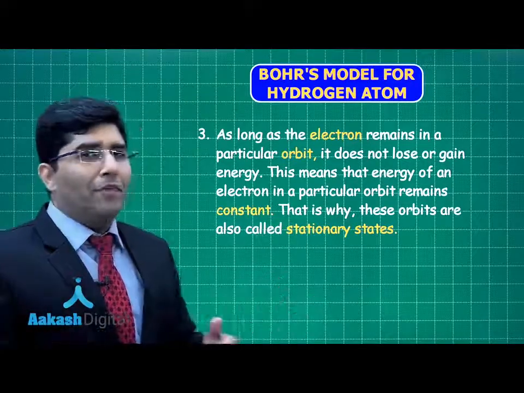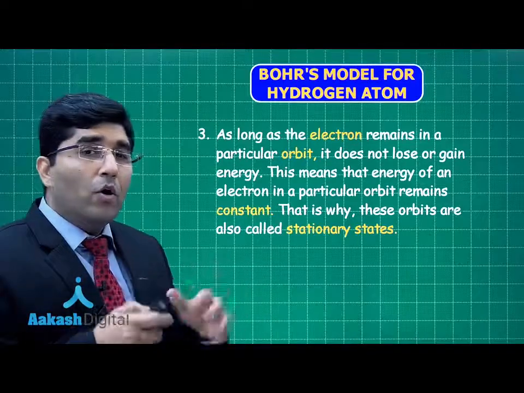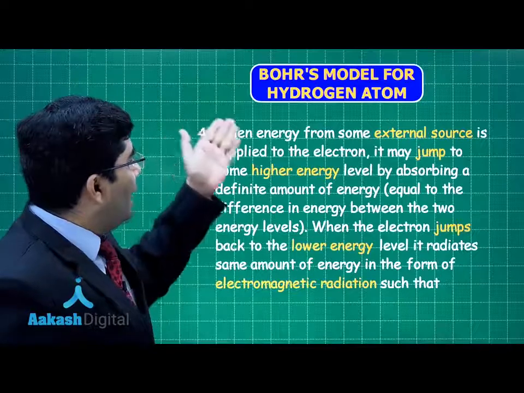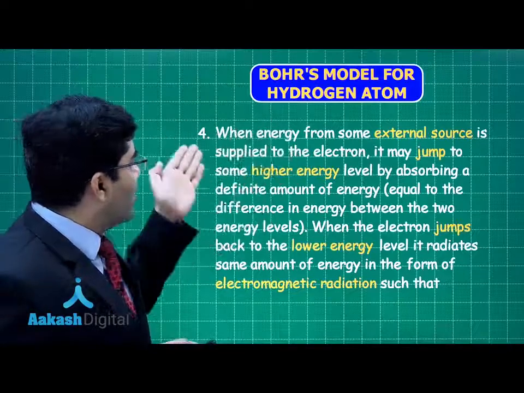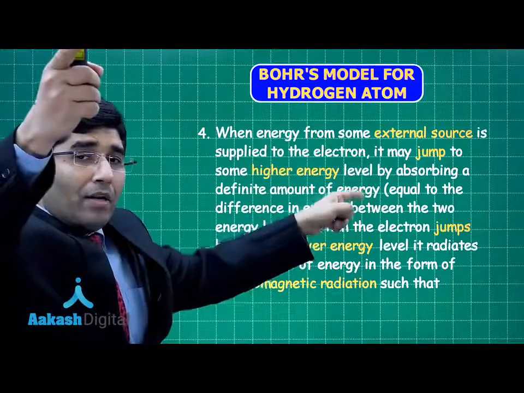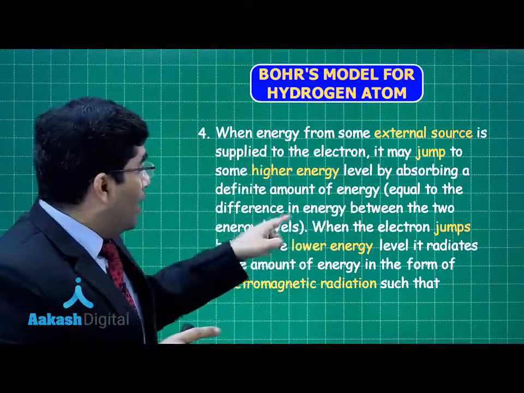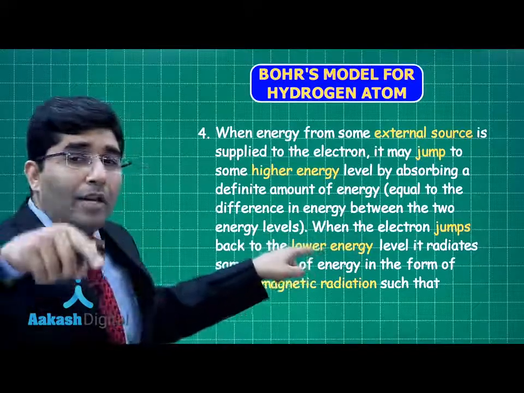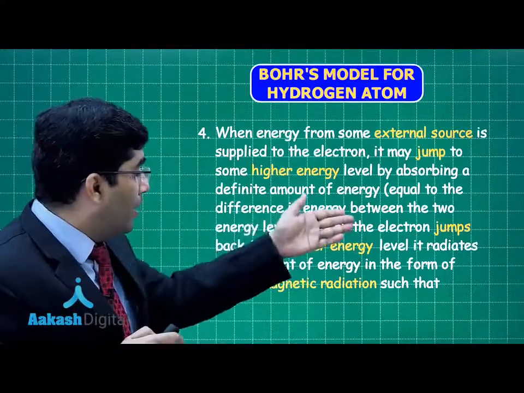But what will happen if they gain some energy or lose some energy? Point number 4: when energy from an external source is supplied to the electron, it may jump to a higher level, and when it loses energy, it will jump to a lower energy level.